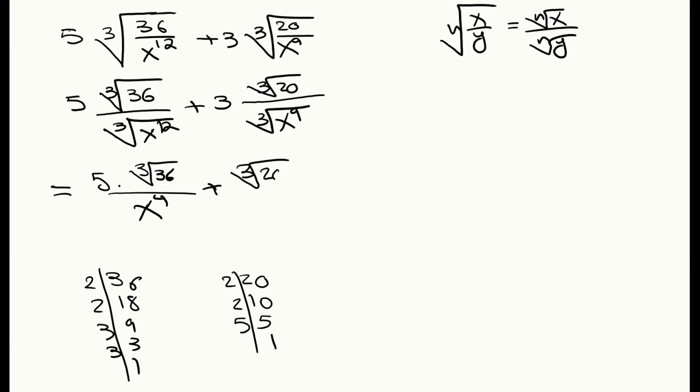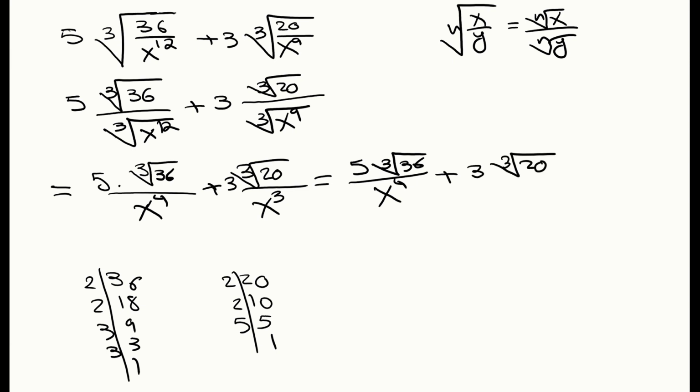So we get cube root of 20, and don't forget the 3 we already had there, over, we know the cube root of x to the 9 is x cubed, so we end up with 5 times the cube root of 36 over x to the 4 plus 3 times the cube root of 20 over x cubed.